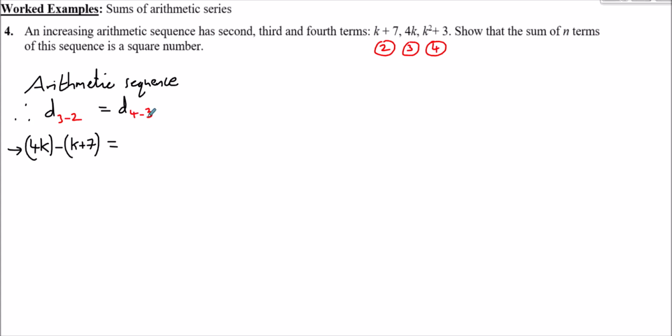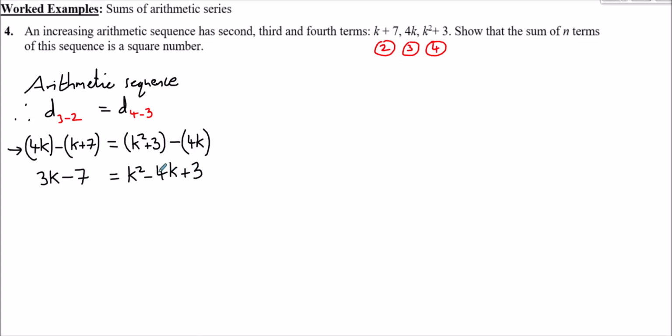And the difference between the fourth and the third is going to be k squared plus 3 minus 4k. So let's neaten this up. So 4k minus k gives us 3k, then minus 7. Over here we're going to have k squared minus 4k plus 3.